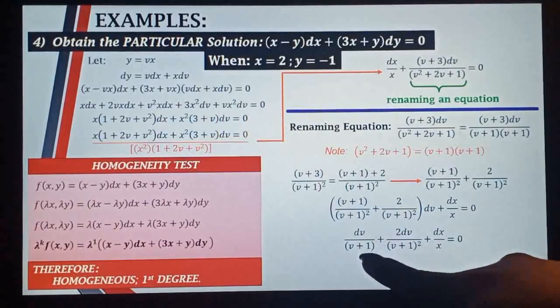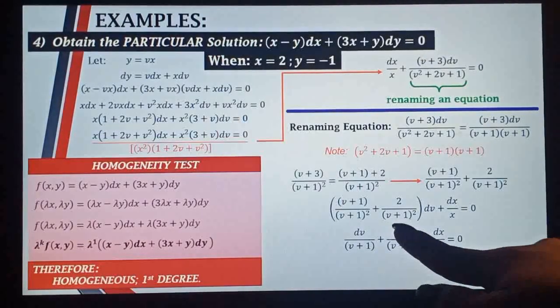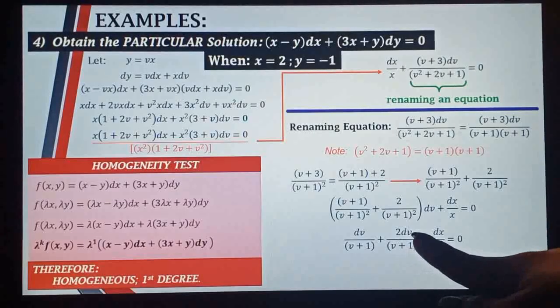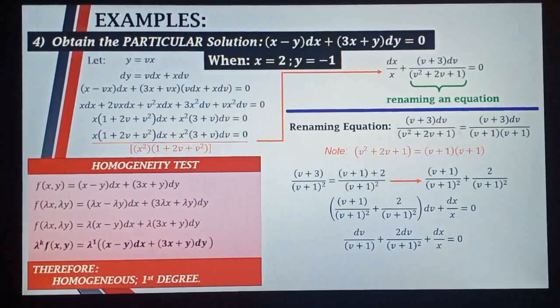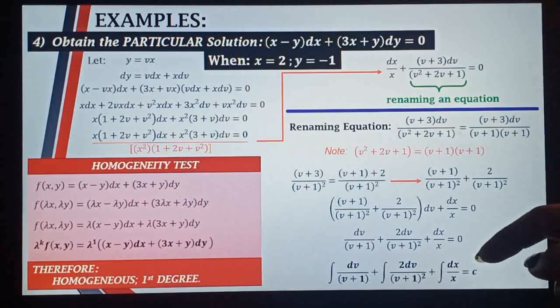This term results into dv over v plus 1. Then, the second term will be 2 dv over v plus 1 squared. Then, your last term is dx over x, equated to 0. Since all variables are separated, we can now integrate.